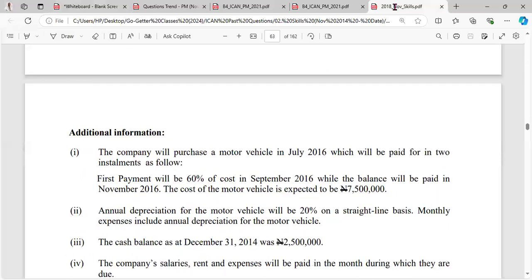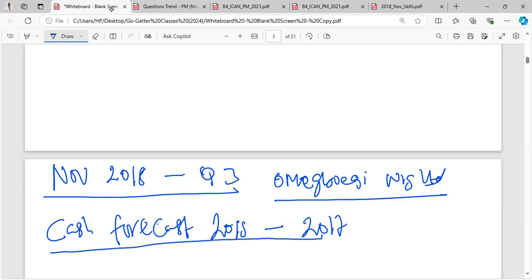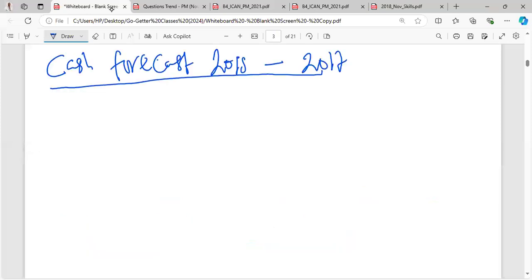All right, so we are asked to prepare the cash forecast for 2015 to 2017. So I will say this is cash forecast 2015 to 2017. So I can come here and say this is 2015, 2016, this is 2017.